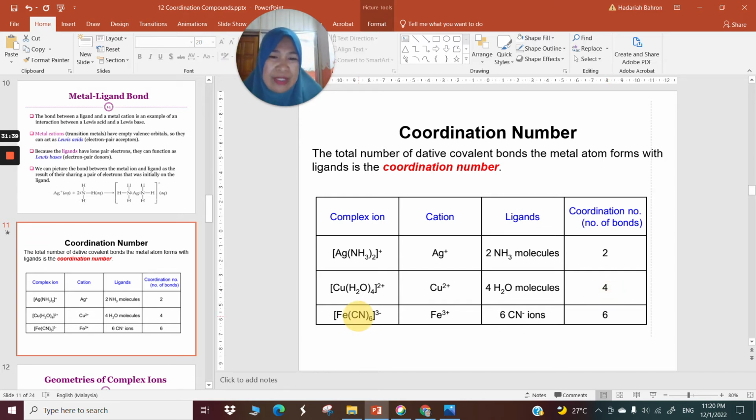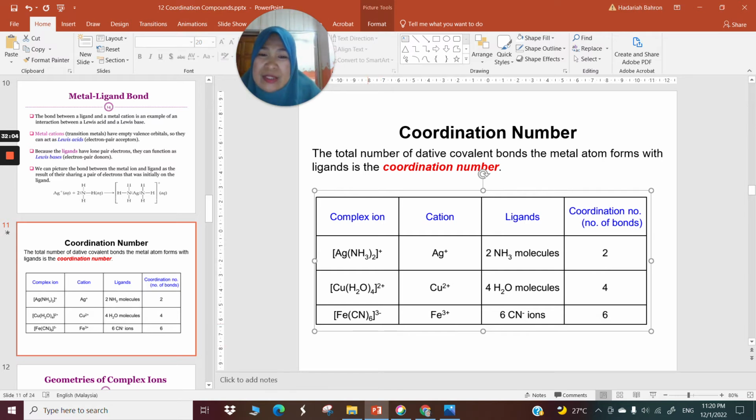But this is a very interesting example that we have at the bottom here. Iron with 6 cyanide with an overall charge of 3-. Now, can you guess what is the charge of the iron, the Fe? Everybody knows that cyanide is a -1 charge.